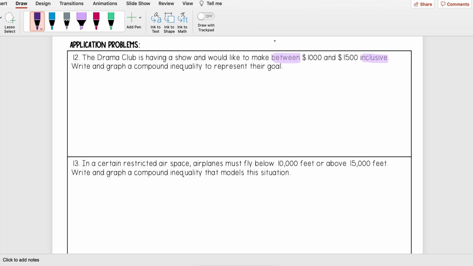So the keyword between kind of clues me in that this is going to be an and compound inequality. And the inclusive means that I'm okay with including those endpoints. So that means I'm going to have the less than or equal to and greater than or equal to signs. So I'm going to first start with writing out this compound inequality.